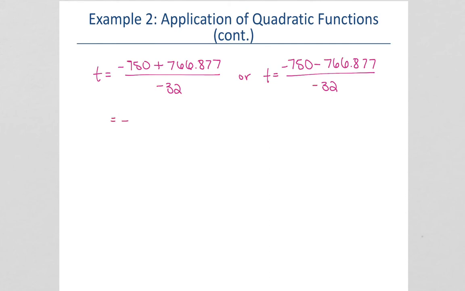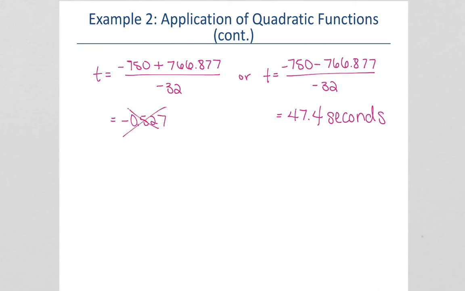So this first one gives us negative 0.527, and the second gives us 47.4. Well, we've already said 47.4 is the answer. But why is this one not the answer?